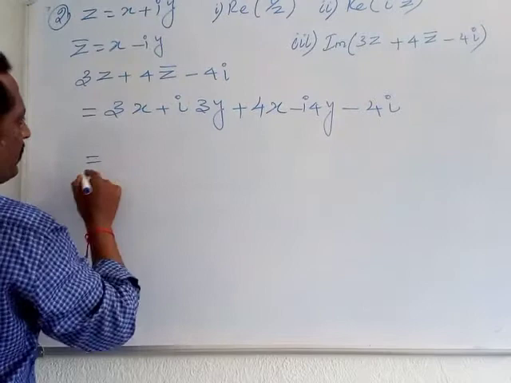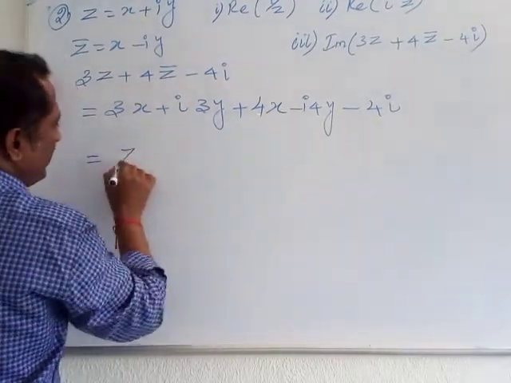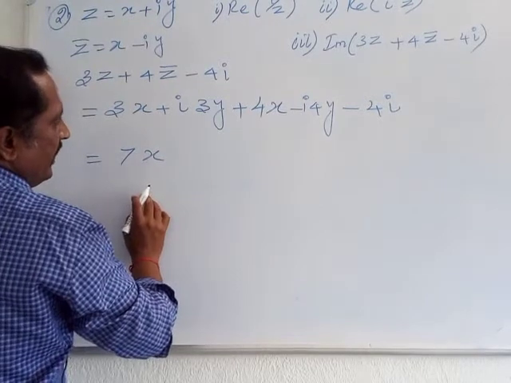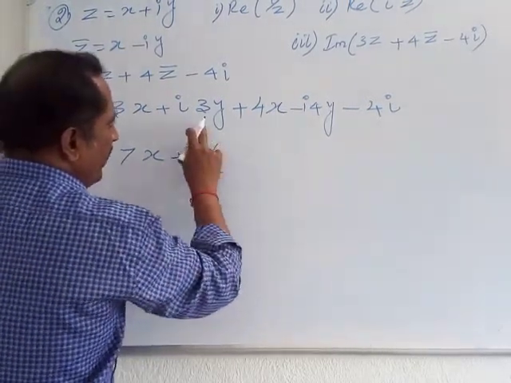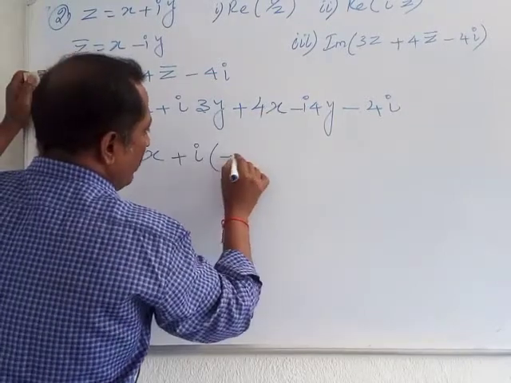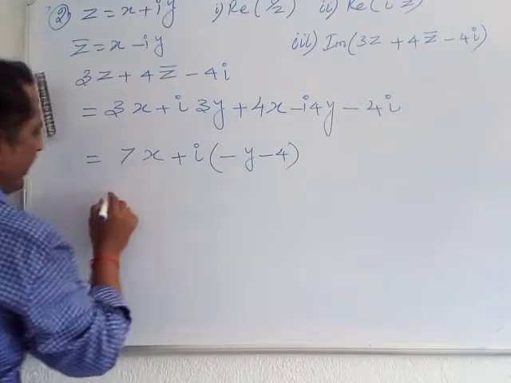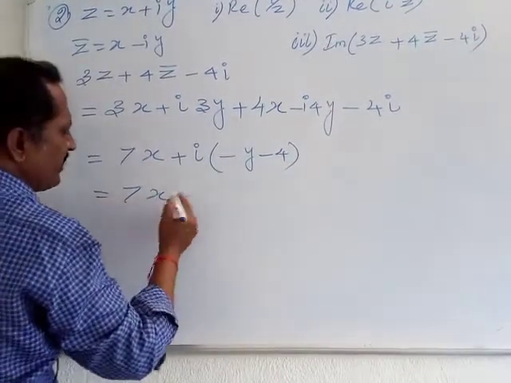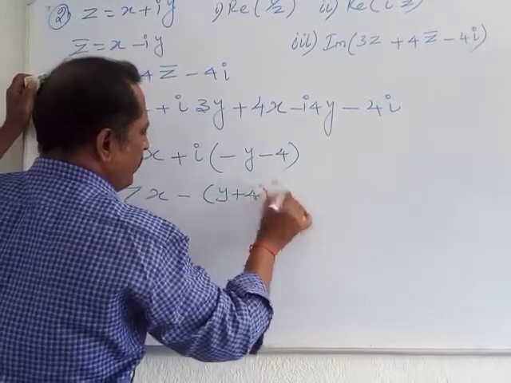Then minus 4i. Adding the real parts, 3x plus 4x is 7x. Next, the imaginary part: i into 3y minus 4y is minus y, and minus 4. So take the negative as common: 7x minus (y plus 4) into i.